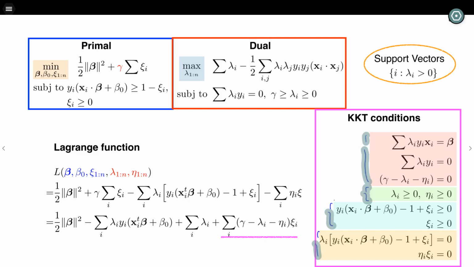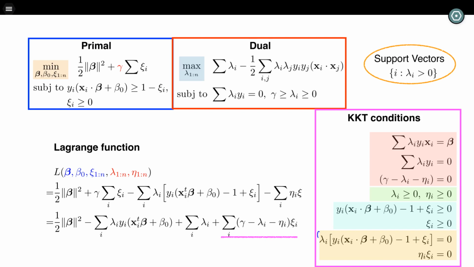And now you can go back to work with your dual problem. The dual problem is basically the Lagrangian function, but you're allowed to use those KKT equalities to drop some of the green variables, and you should be left with only the red variables. In addition, you can drop all your eta i's because this term is off, so eta i is not there.